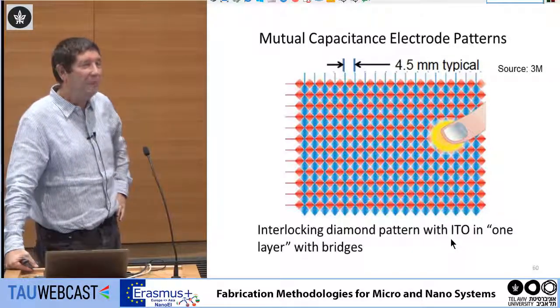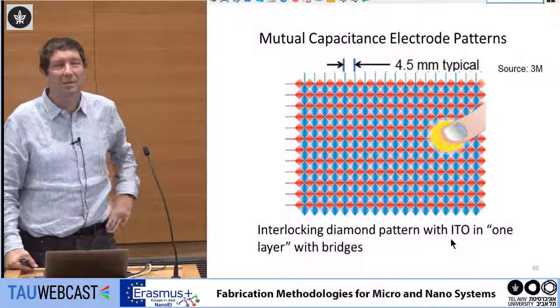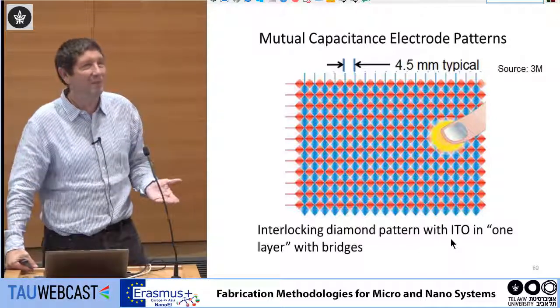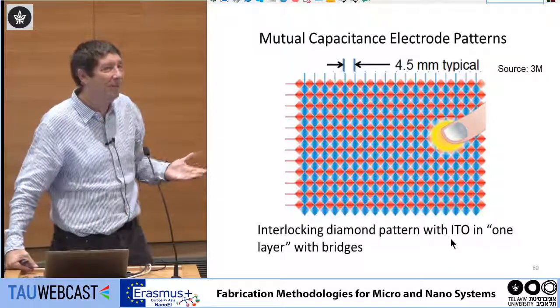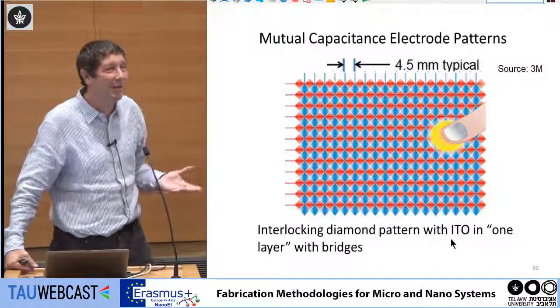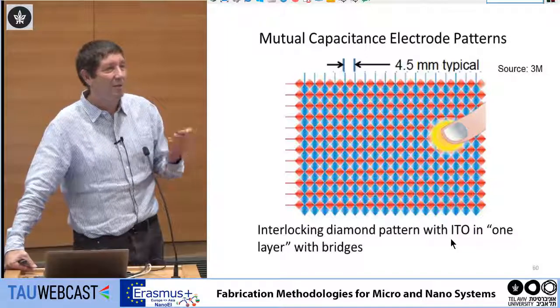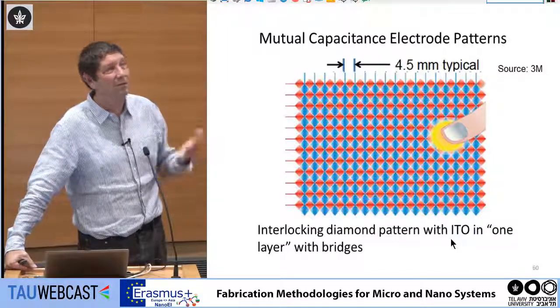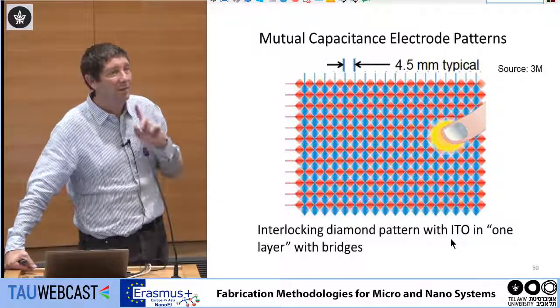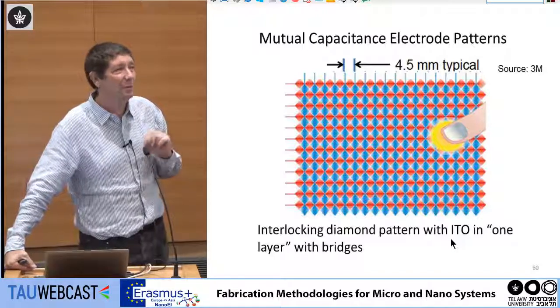Now, the interesting part here: you may ask me, Yossi, you put conductors, right? But conductors are typically metals, and metals don't transmit light. So how do you make a touchscreen which is transparent using conductors? So the magic is to use transparent conductors.